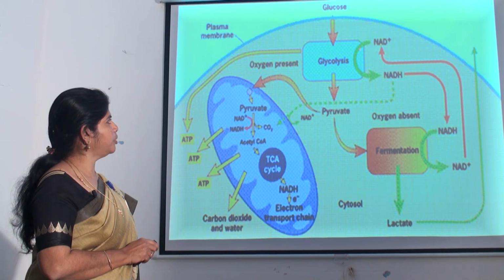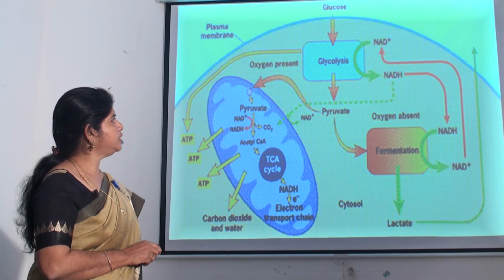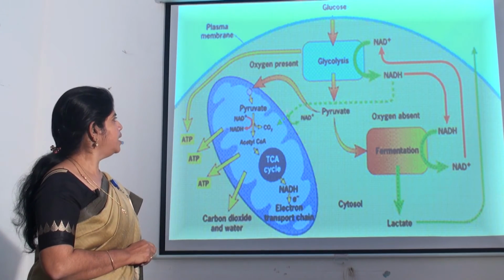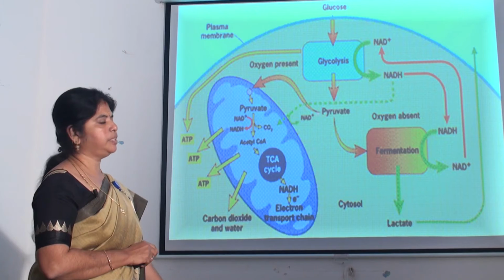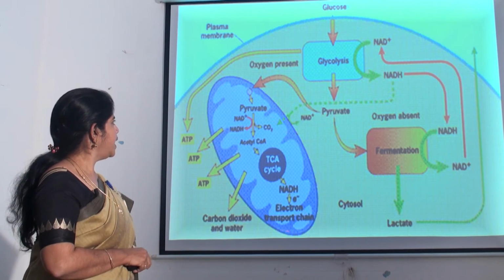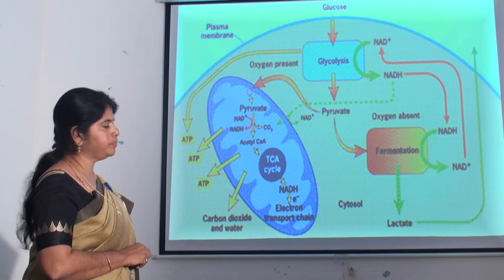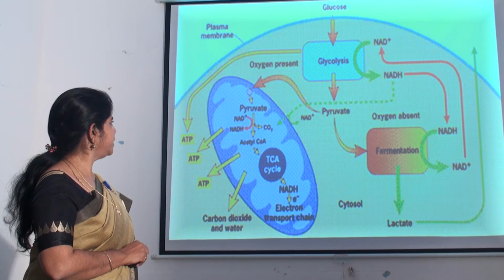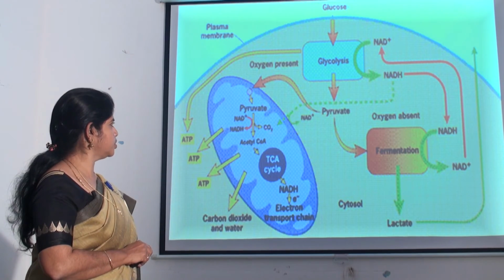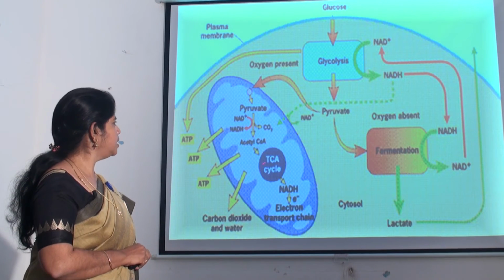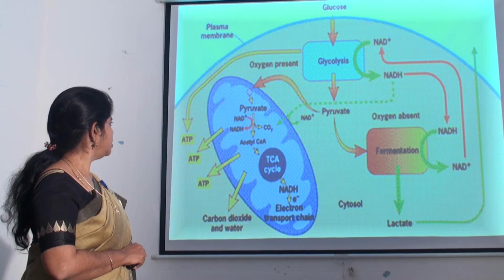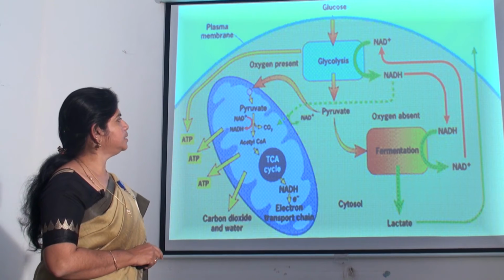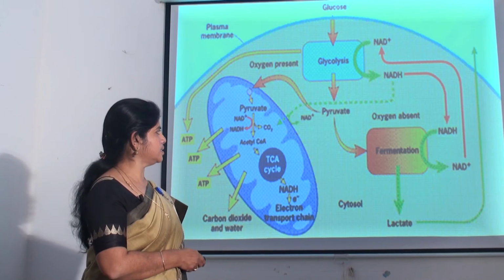It is also very important that NAD is converted into NADH, and the electrons are transported. This pyruvate enters into the mitochondria, NADH is oxidized, carbon dioxide is released, and the TCA cycle happens. So at last, ATP molecules are synthesized.